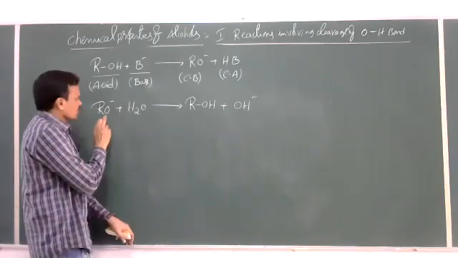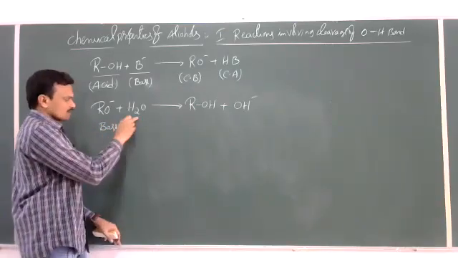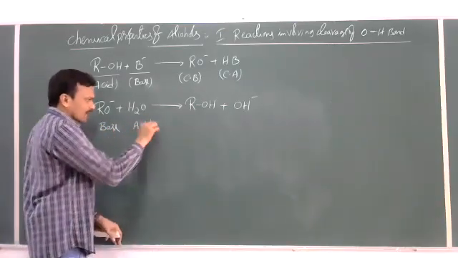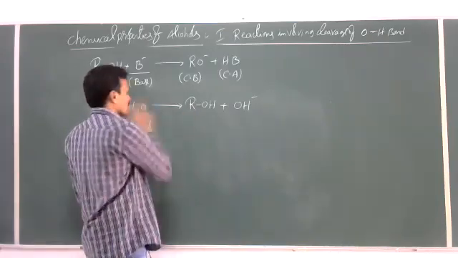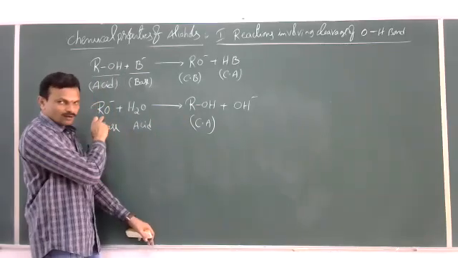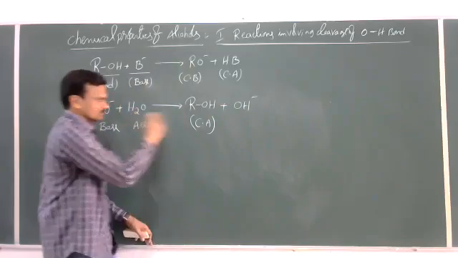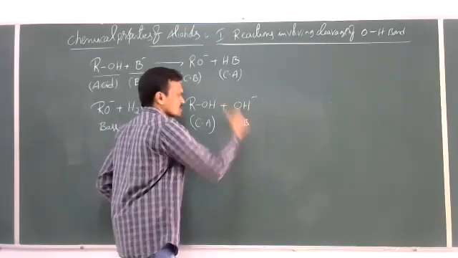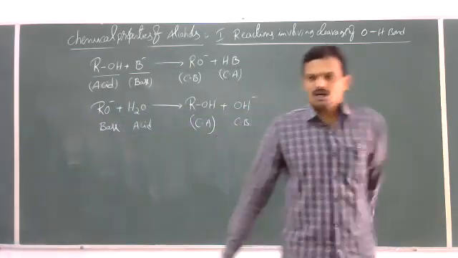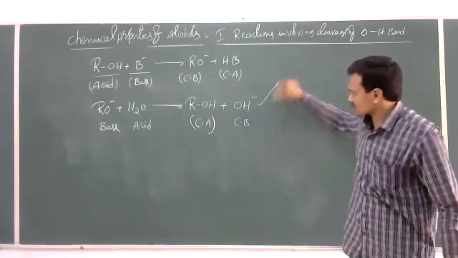Here RO minus is a proton acceptor, so this is a base, and water is a proton donor, an acid. ROH is the conjugate acid of the alkoxide RO minus, and OH minus is the conjugate base of water.